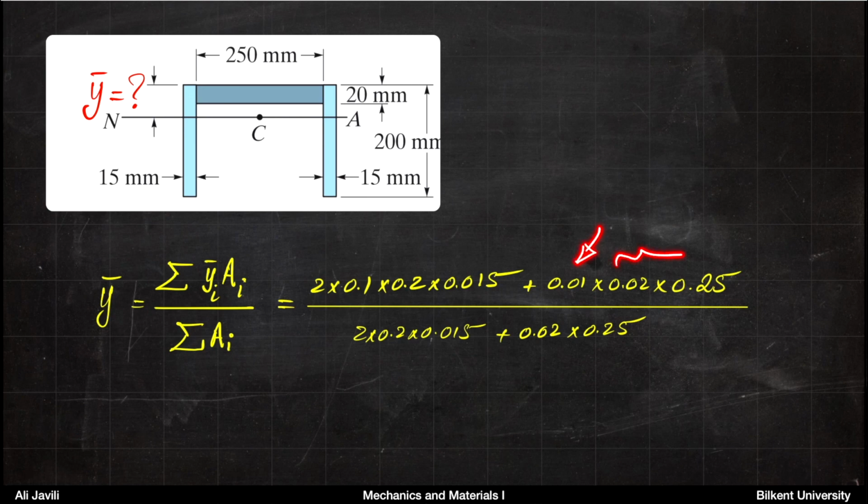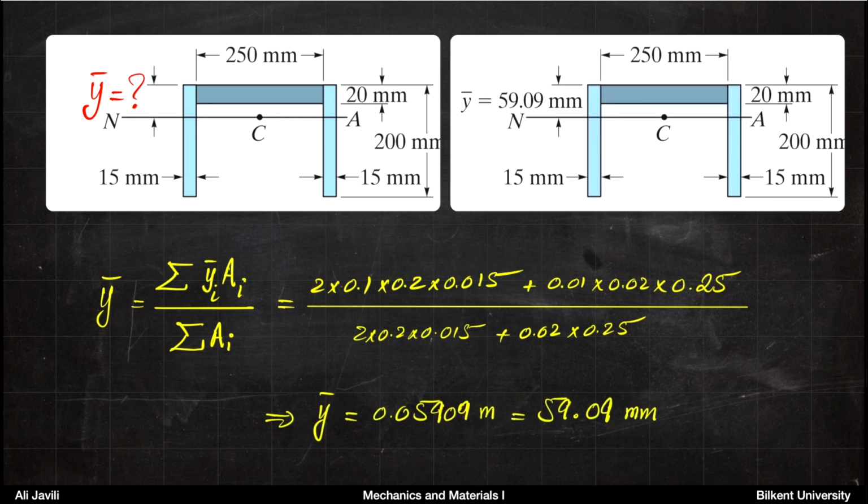And the area is height 0.02 times width 250 millimeters, which is 0.25. So by doing this, you can now calculate the distance of the neutral axis from top, that is y bar, and that would be almost 59 millimeters, which is shown here.